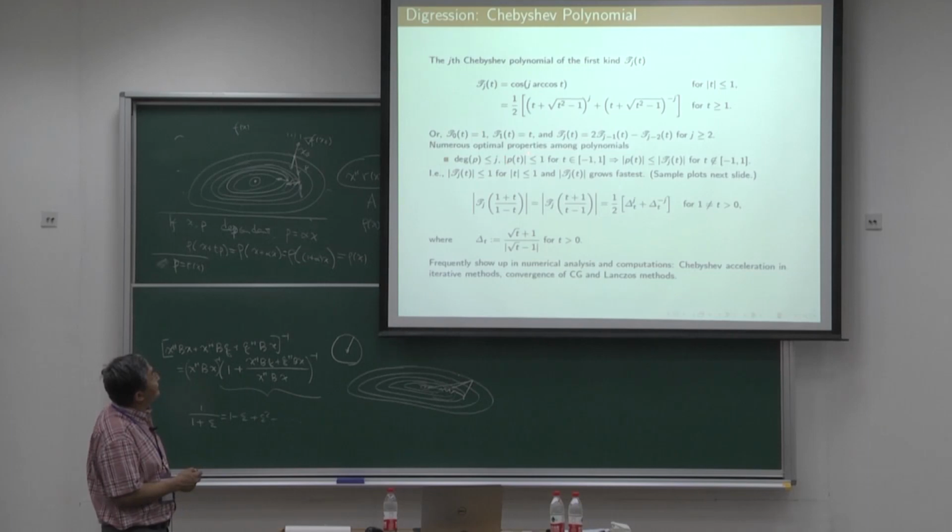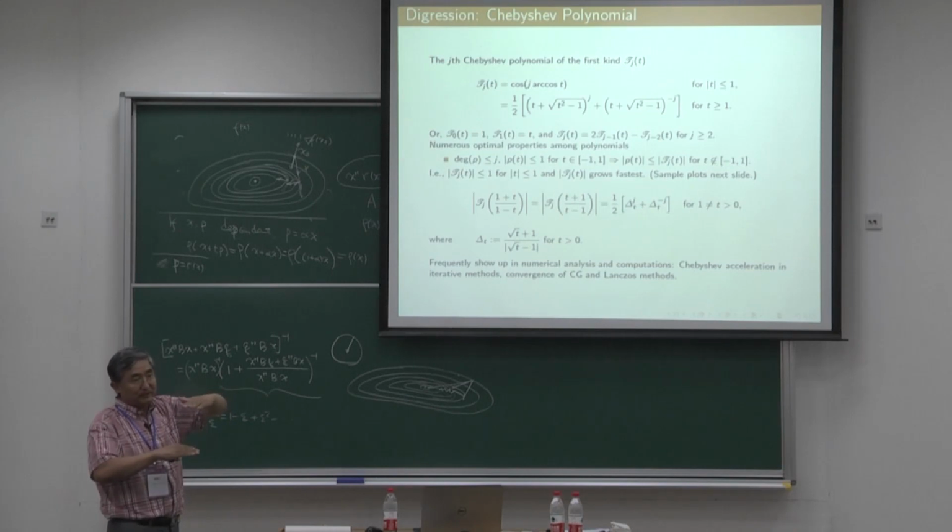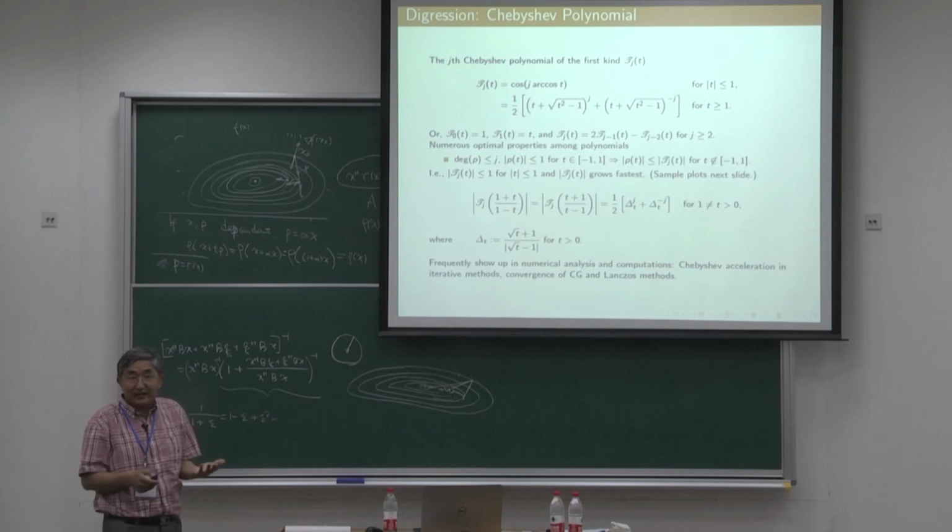The other property is that the Chebyshev polynomial between -1 and 1 is always bounded by 1, but once outside of that, it grows very fast. It's faster than any polynomial. In what sense?